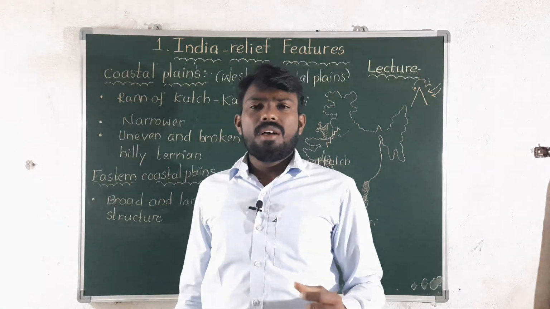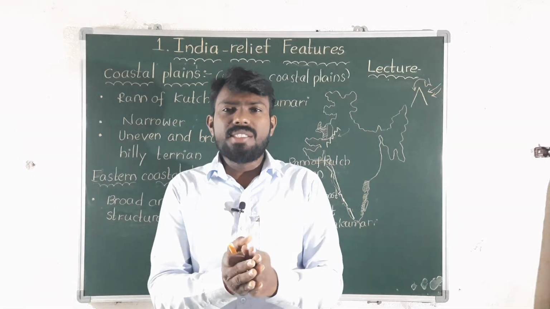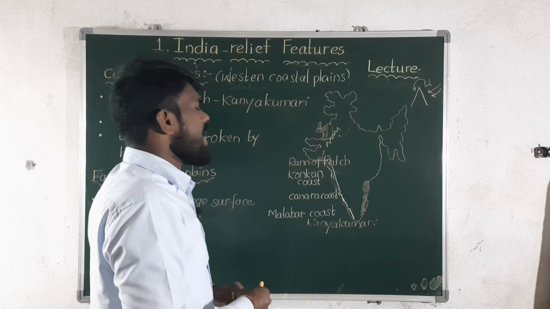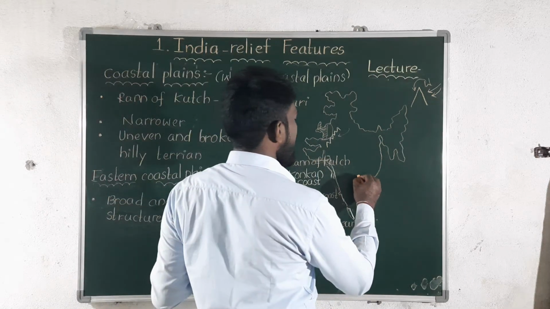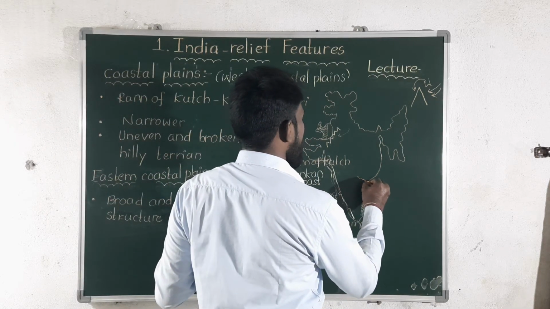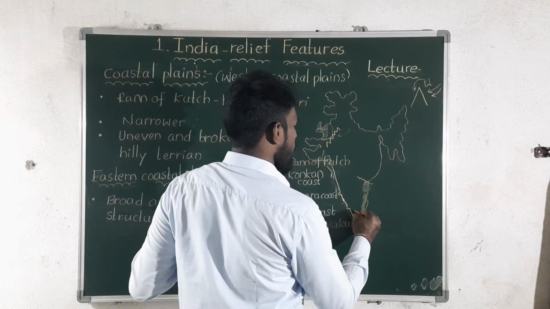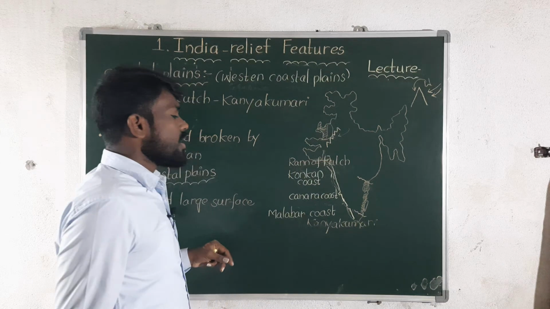The eastern coastal plains stretch from the Mahanadi in Odisha to the Kaveri Delta in Tamil Nadu.